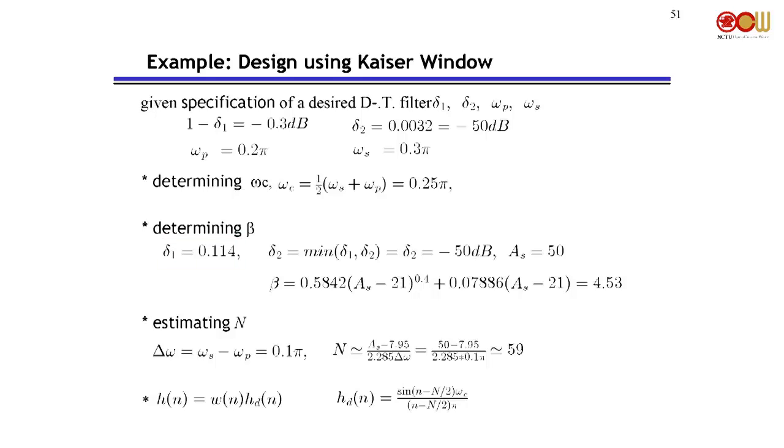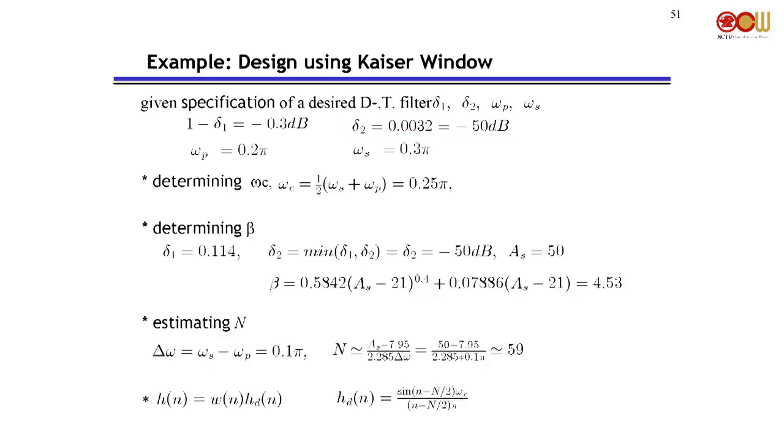We specify 1 minus delta 1. Okay, 1 minus delta 1 is 0.8 something, right? And you take dB of that, it's minus 0.3 dB. Okay, it's just a different way of telling you what delta 1 is. And then delta 2 is minus 50 dB.